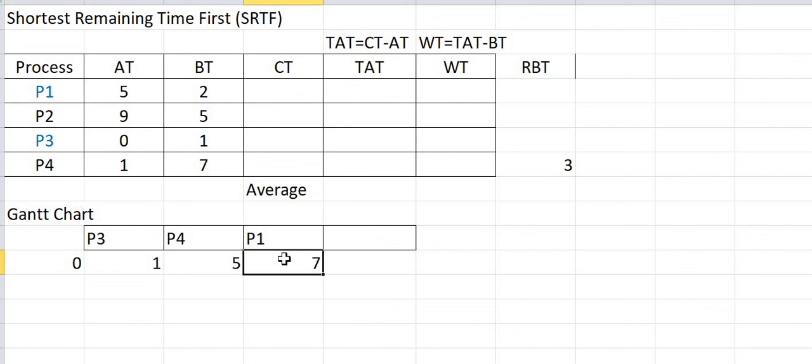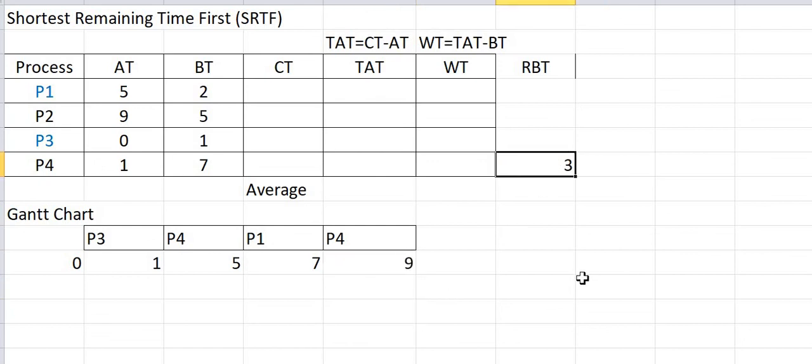Now till the 7th millisecond, no process has arrived, but the one process which still has burst time to be processed is P4. So till the next process arrives, till the 9th millisecond, I can process this P4. So I take P4 inside and process it until 9 milliseconds.